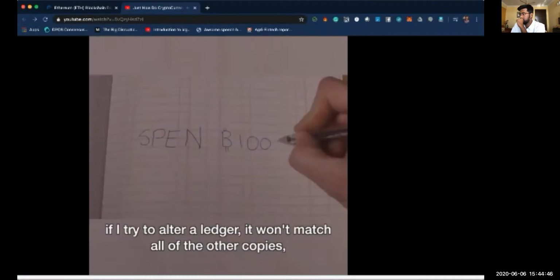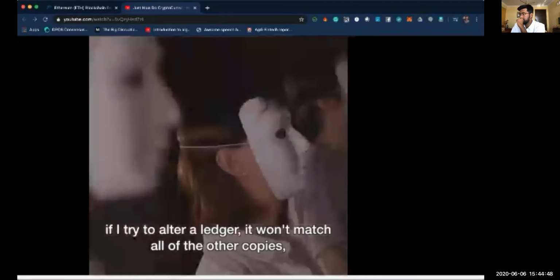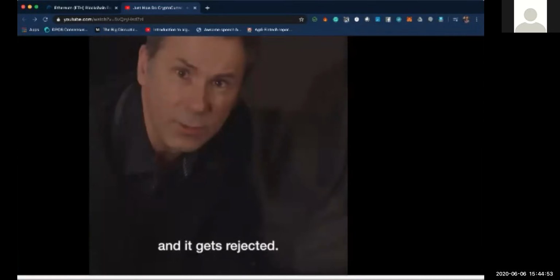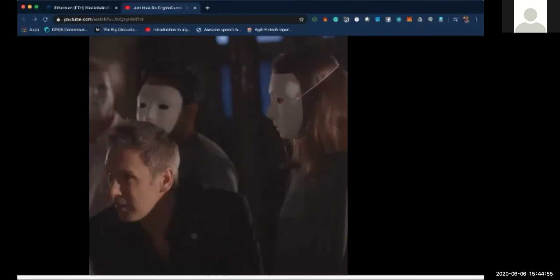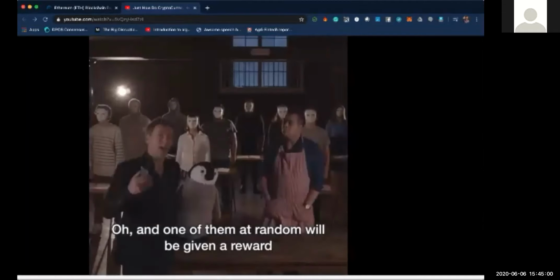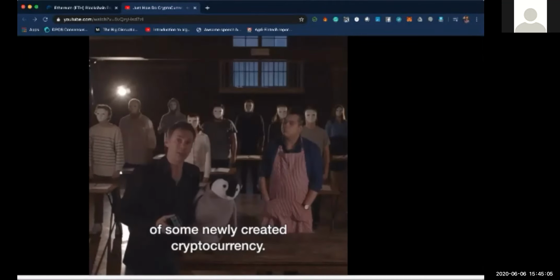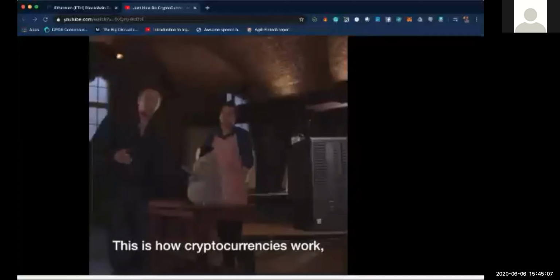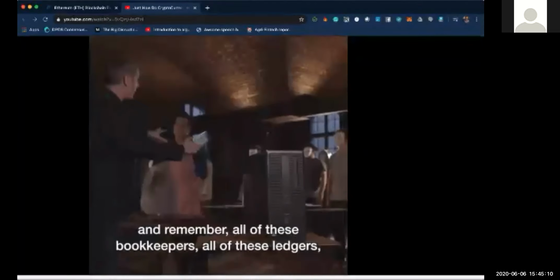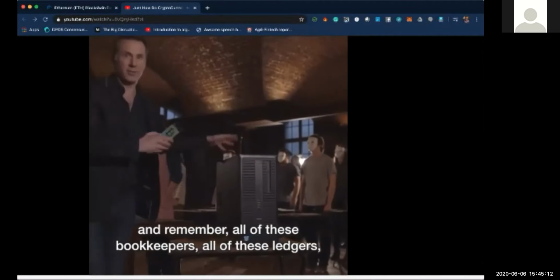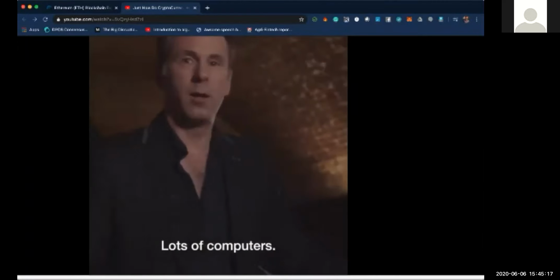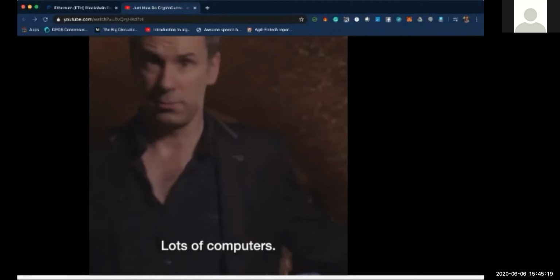If I try to alter a ledger, it won't match all of the other copies, and it gets rejected. Oh, and one of them, at random, will be given a reward of some newly created cryptocurrency. This is how cryptocurrencies work. And remember, all of these bookkeepers, all of these ledgers, they're not actually people, they're computers. Lots of computers.